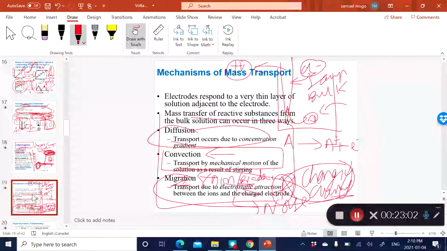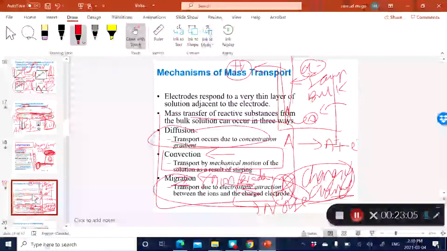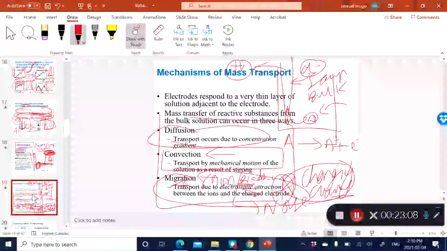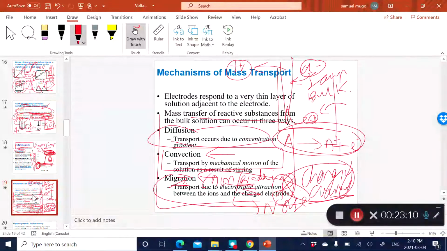It's only related to migration of the ions. But in this case, we are interested, of course, in the Faradaic current, which is the signal of interest.